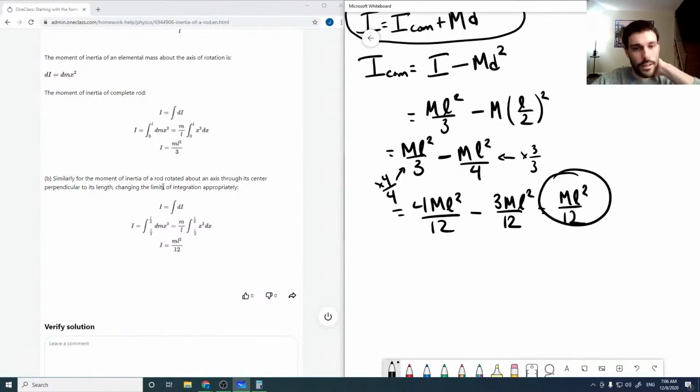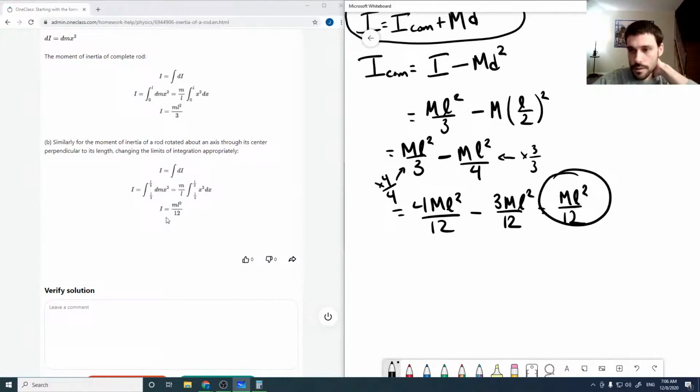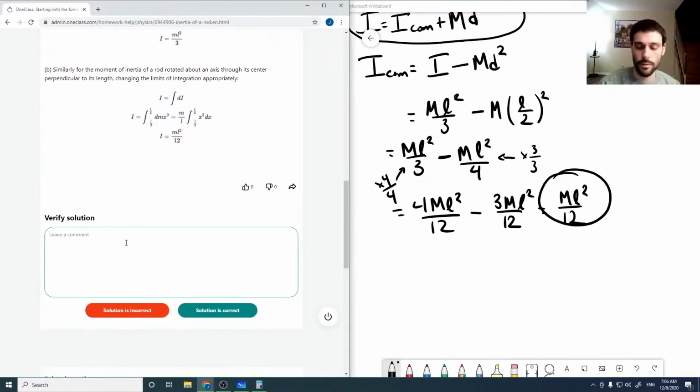And then for an axis which passes through its center, then we're going to just integrate from minus L over 2 to L over 2, which gives us our ml squared over 12. So the solution is correct, but is solvable with the equation I gave here.